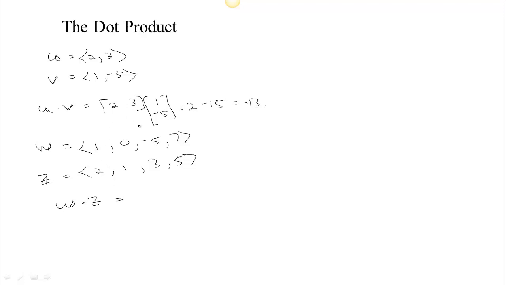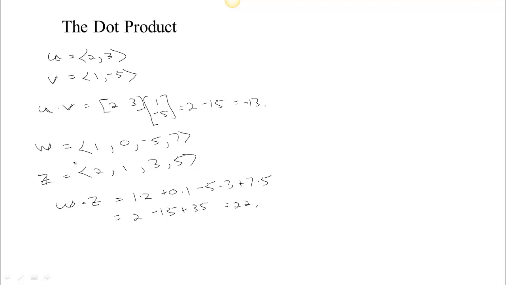No need to write out the matrix definition. I just wanted you to see that that's related. So we have 1 times 2 plus 0 times 1 minus 5 times 3 plus 7 times 5. So we have 2 minus 15 plus 35. Let's see, -15 and 35 would be 20, plus 2 makes 22 for that dot product.